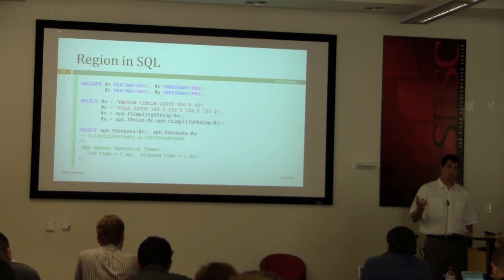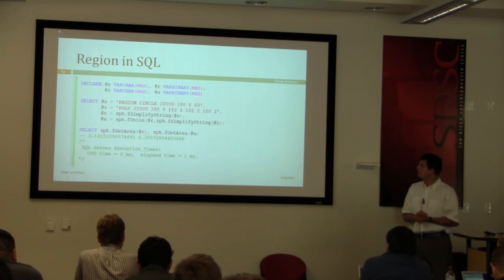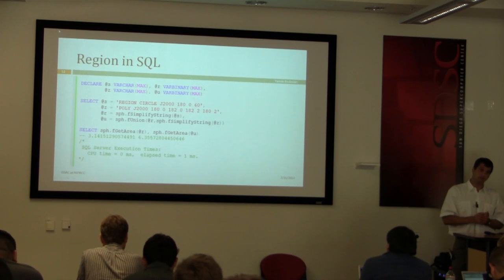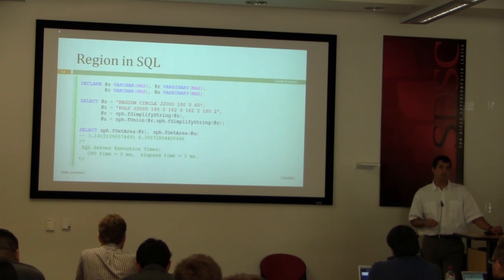In this case, it's just the blob where the object is serialized into. And it can be very quickly read back in to get the area, test the containments, and so on. Actually, there's a new wrapper on top of the library that uses the UDT style as well, where you can create a region and do it the same way.